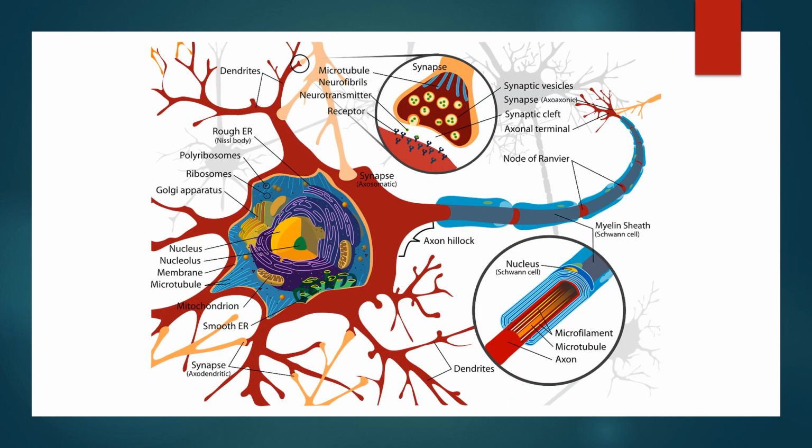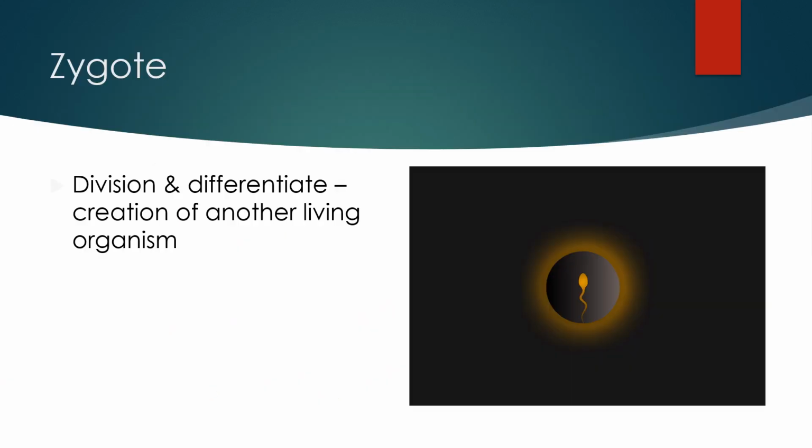Learn about cell specialization and why certain cells are tasked with doing certain things and taking on certain roles within the body. A zygote is formed from the fusion of two gametes, a sperm cell and an egg cell, and will eventually divide and grow into a new human being.